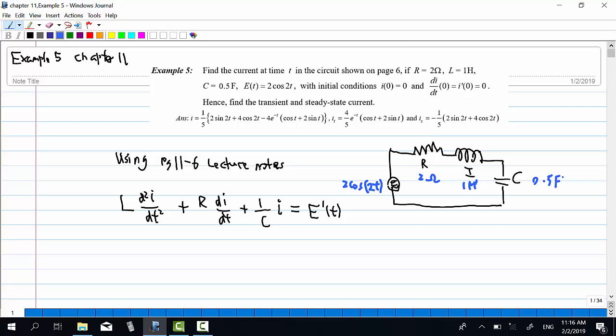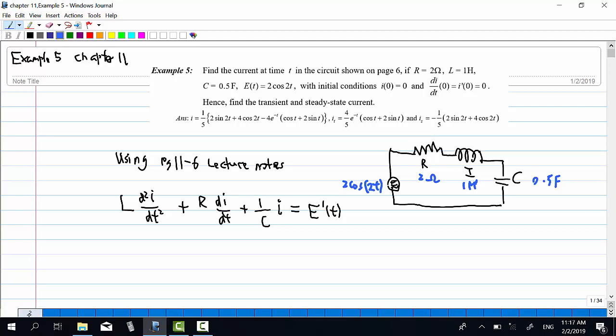Based on page 11.6 lecture notes, the equation of circuit is L d2i/dt² plus R di/dt plus 1 over C times i equal to the rate of change of E at time t, so E prime t.